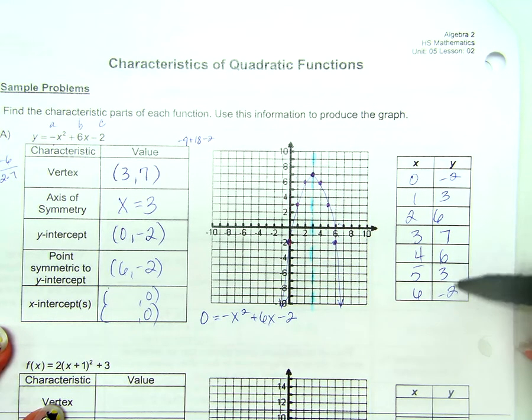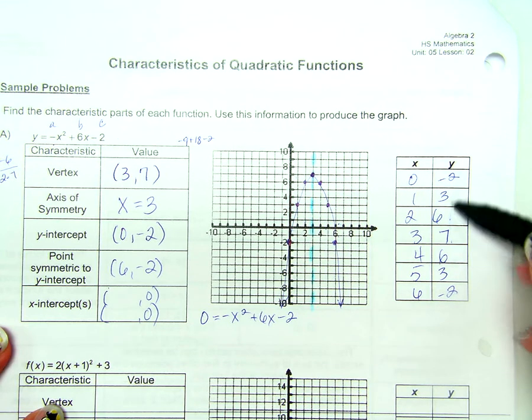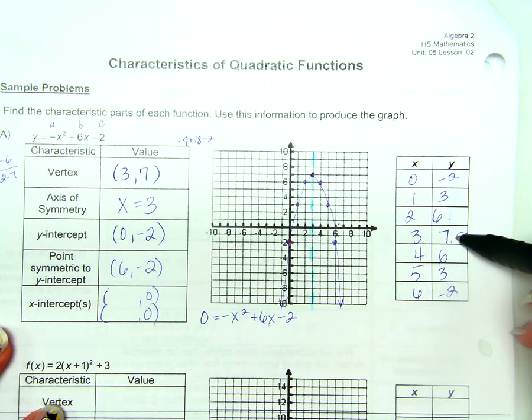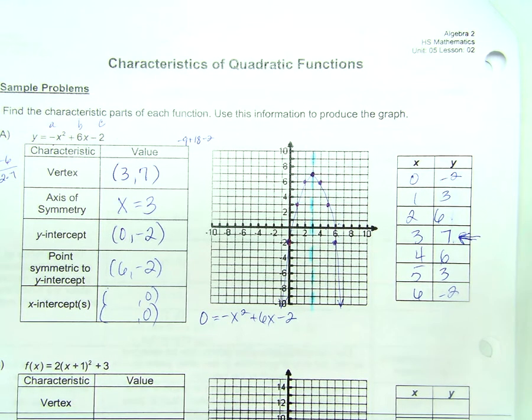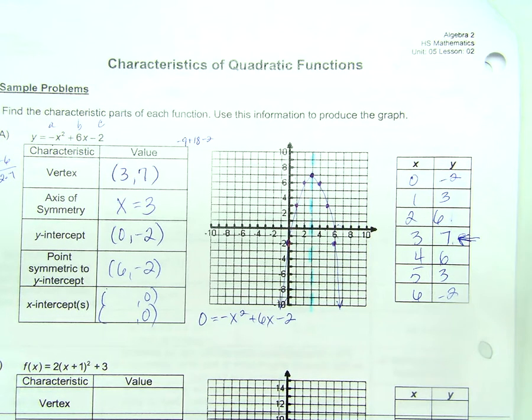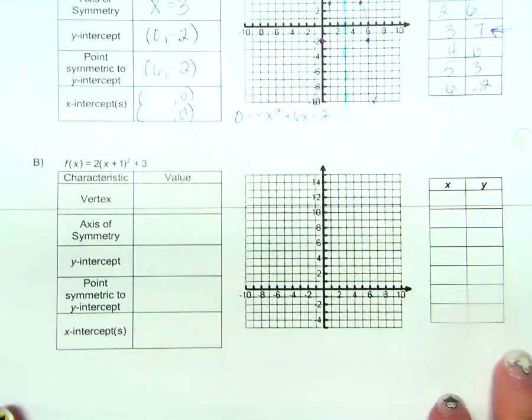Guys, did you see me count these? It's because I didn't. What do I know about a table? If this is the vertex, my y values are going to be like a mirror of each other. Remember, like we talked about a little while ago. Okay? So I made sure that I was on the right x value, and then I knew what the y value should be.